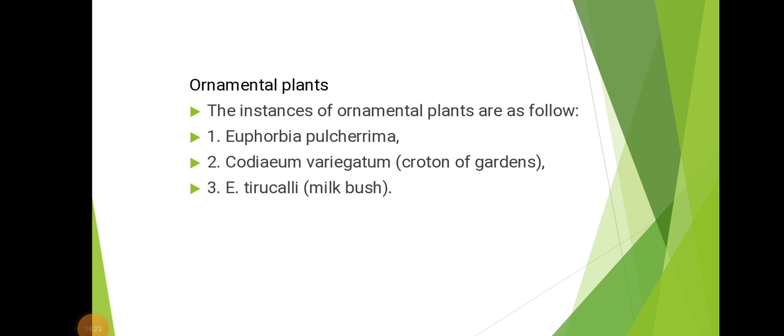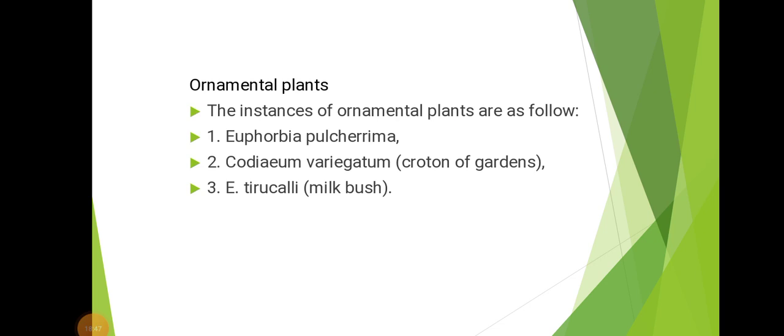If you see the ornamental plants, the instances of ornamental plants are as follows: Euphorbia pulcherrima, Codiaeum variegatum, Euphorbia tirucalli. These are the ornamental plants.